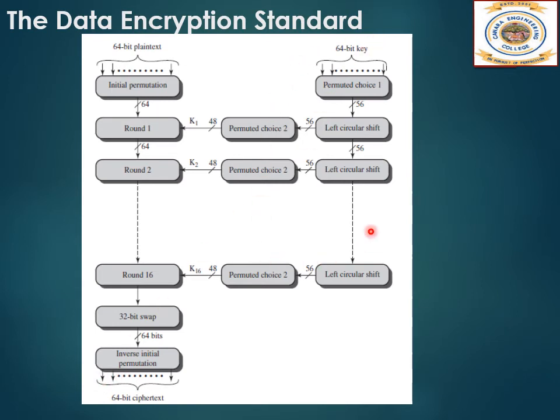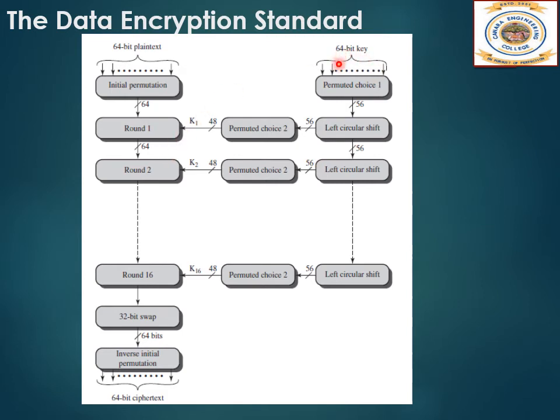The right hand side portion shows the way in which the 56-bit key is used. Initially, the key is passed through a permutation function. Then for each of the 16 rounds, a subkey Ki is produced by the combination of a left circular shift and a permutation. The permutation function is the same for each round, but a different subkey is produced because of the repeated shifts of the key bits.